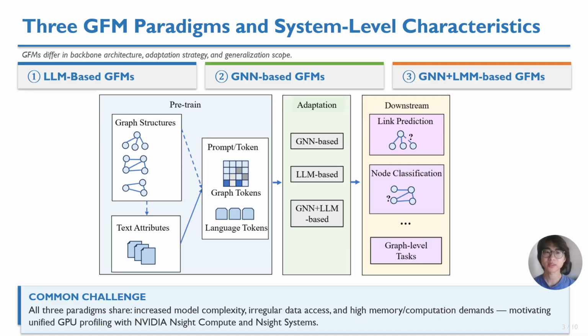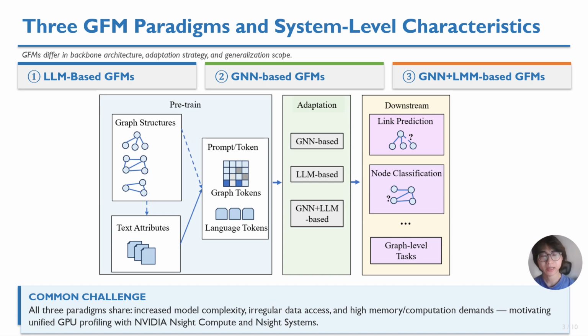The third one is the GNN plus LM hybrid, represented by Graph Translator, which supports fully inductive learning. Those three models cover different backbone types, adaptation mechanisms, and graph generation strategies, making our findings broadly representative.